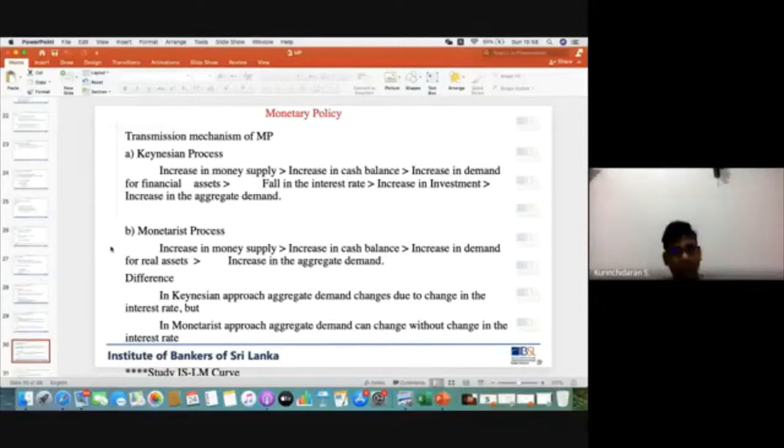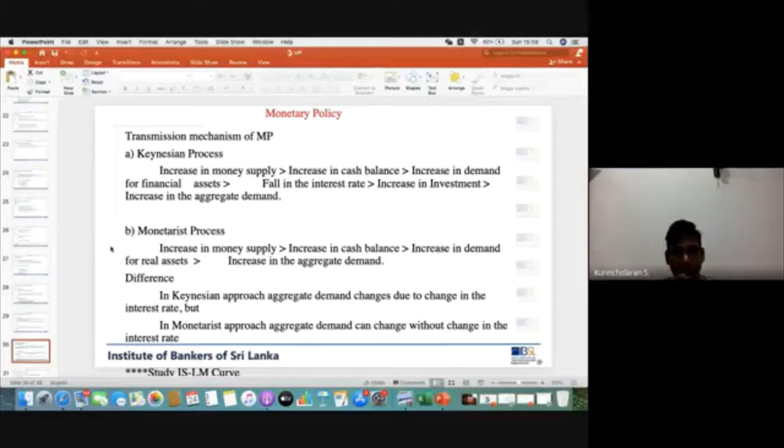Now, I always explain, the central bank initiates the policy measures, but that has to go to the bottom line, the general public behavior, and revive the economy. So how does the transmission happen? Simply, I'm not going to get into more details. In a simple way, there are two processes with slight variances, you can see. Under the Keynesian process, it says increasing money supply increases the cash balances.